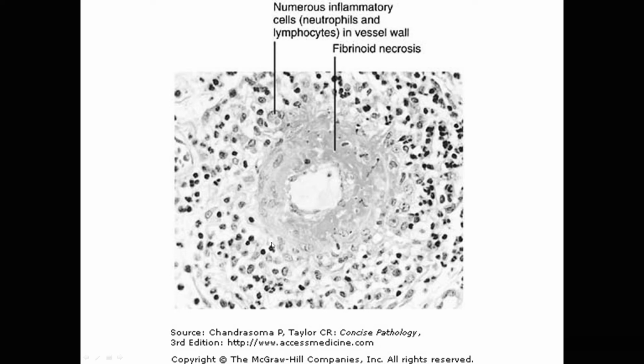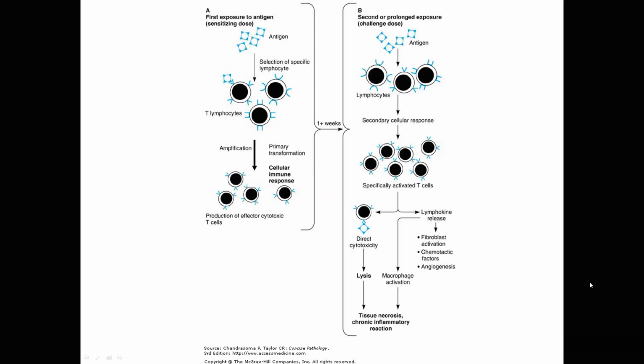So, don't forget the most common consequence of immune complex disease: the deposition of immune complexes and inflammatory changes in small vessels, generalized vasculitis. Now, the fourth type, cell-mediated hypersensitivity.